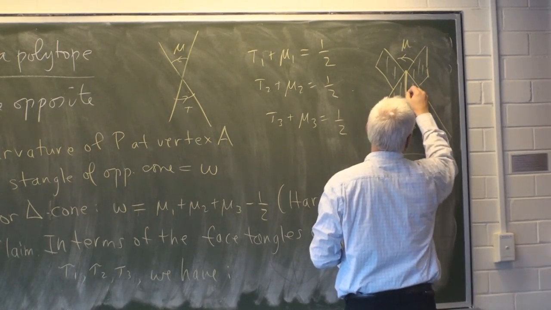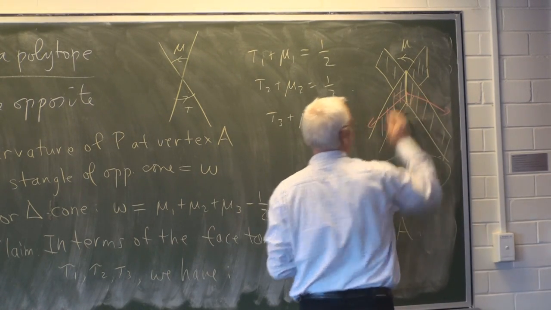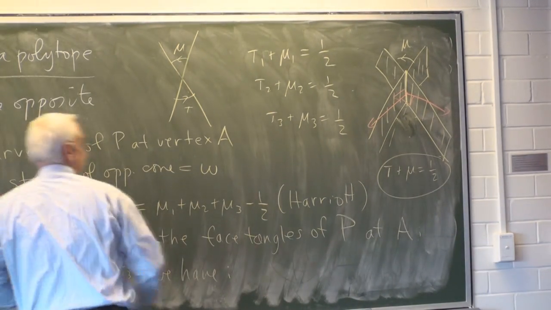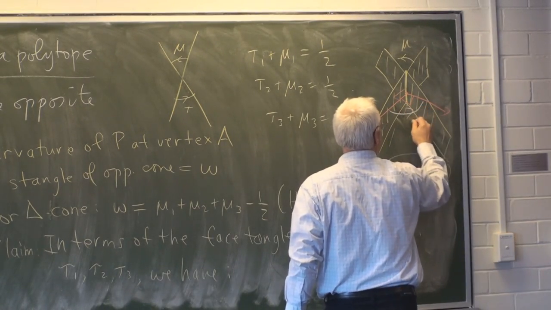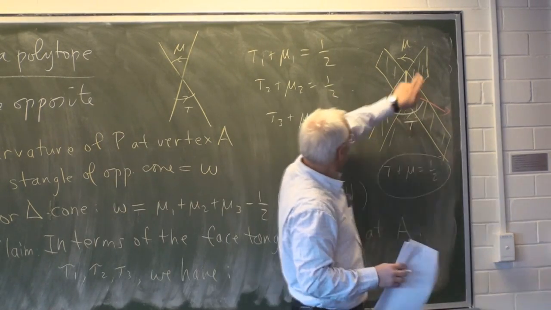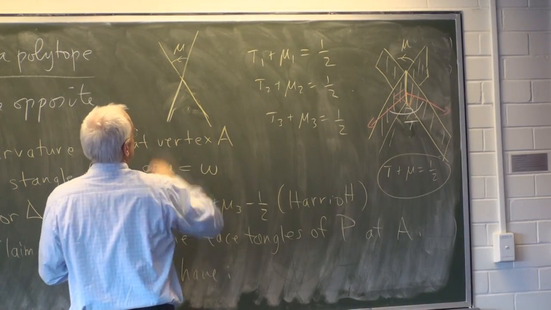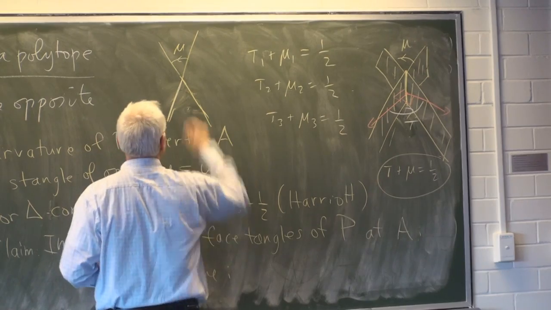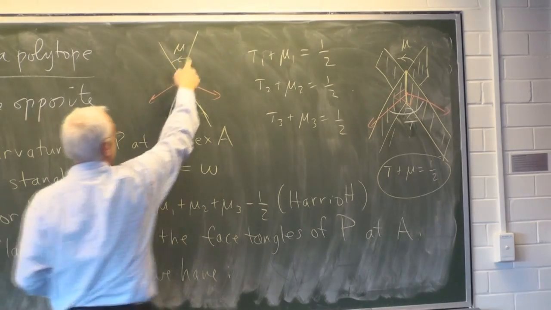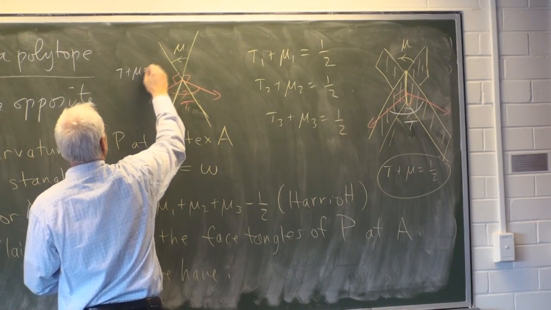Let's make the normals in this direction. So that's one normal there, and that's another normal to the other plane. Now I think I've got it. It's the relationship between the tangle tau between those two normals that we're interested in, and the tangle between the two faces mu. And that's the same as the relation when we draw perpendiculars like that, between that mu and that tau. So the relation is tau plus mu equals a half.